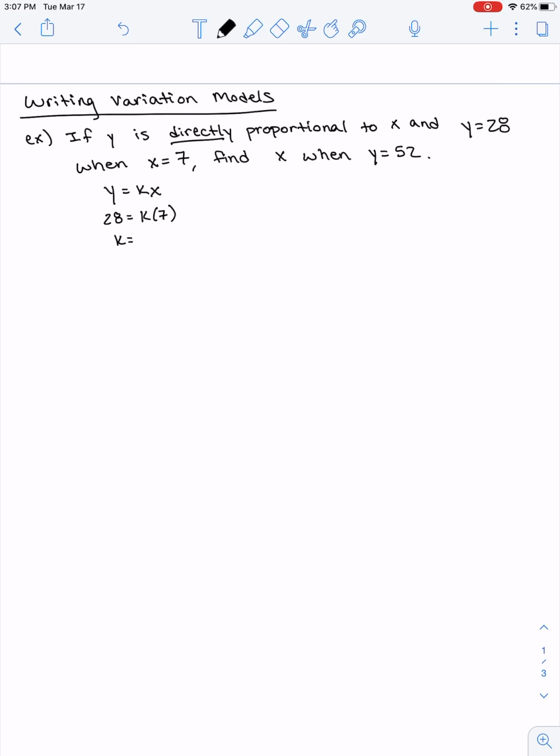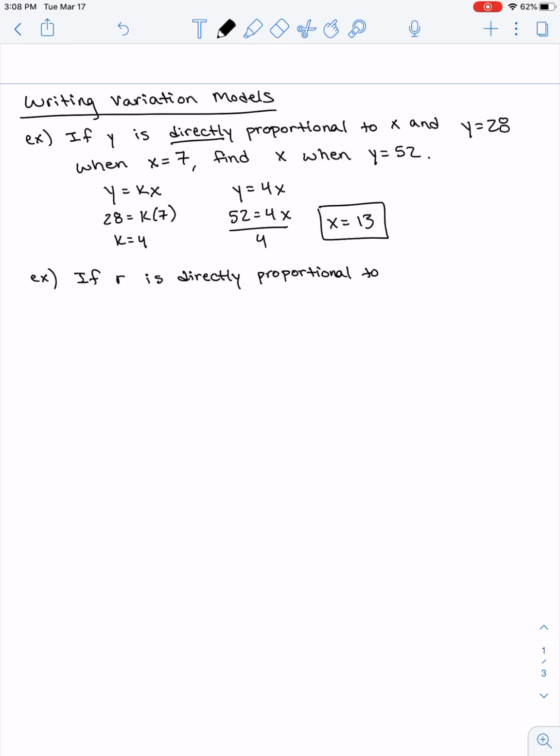Now if I said that if r is directly proportional to the square of s and r is equal to 72 when s equals 12, find r when s equals 8.